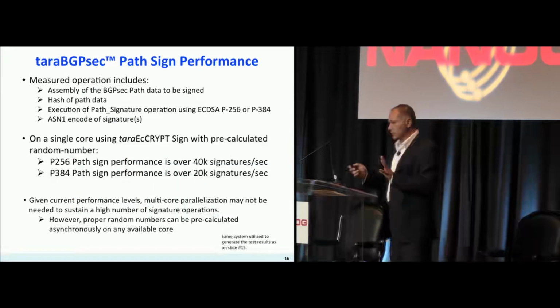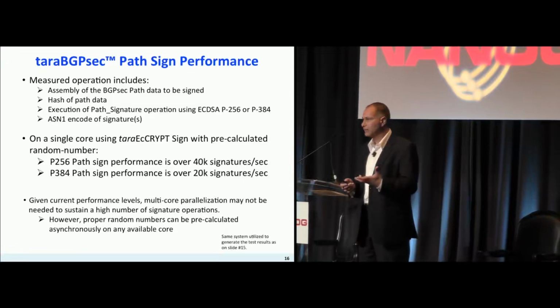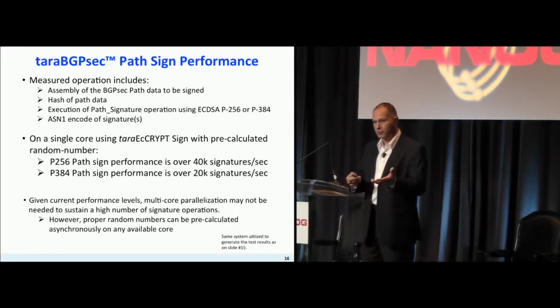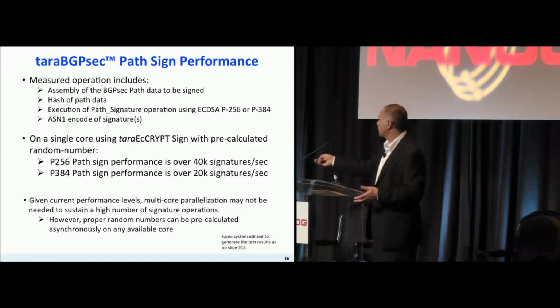And then one thing to mention, up to this point, we actually talked about the specific ECDSA operations, sign and verify, because this is where most of the compute time is really going. But do remember, as we start actually looking at it at BGP-sec level, right, signing a path involves other operations as well.